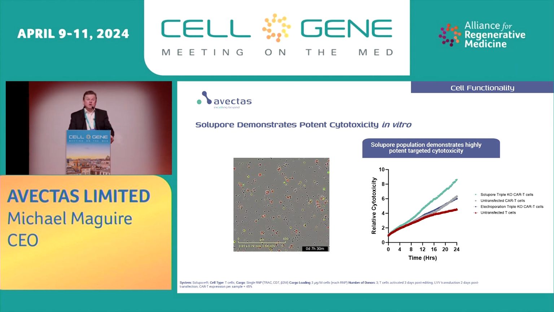And then when we look directly, specifically at cytotox, the green line here is indicating the same population of cells being more cytotoxic than the population which have been engineered or manufactured using electroporation.